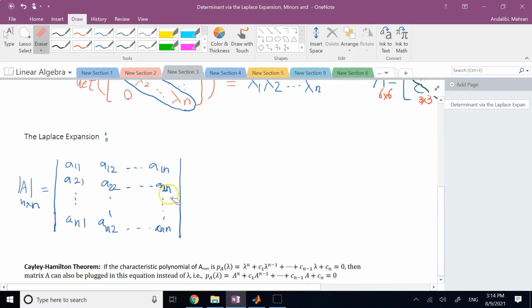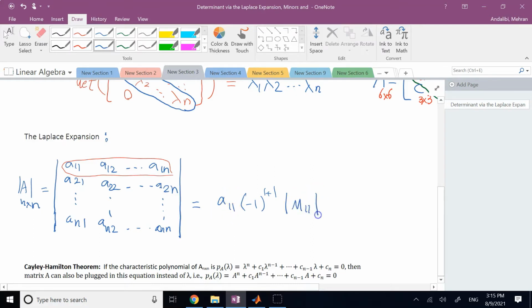You choose any row or any column as you wish, and then you expand about that row or that column. Let's say, for example, if we choose the first row, how do we calculate the determinant? Well, it is equal to the first element, A11, times -1 to the sum of these two subscripts, 1 plus 1, times the determinant of a matrix that has the first row and the first column eliminated. We call it minor 1, 1.